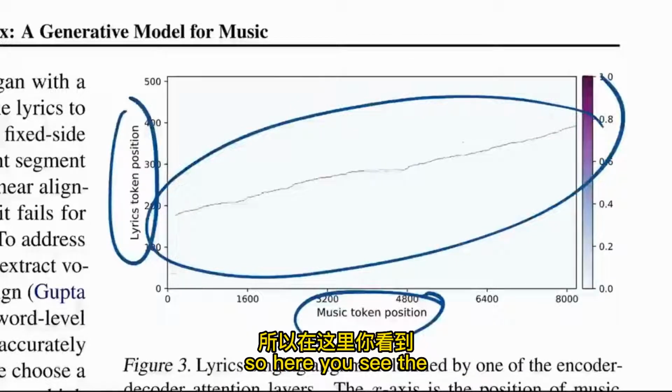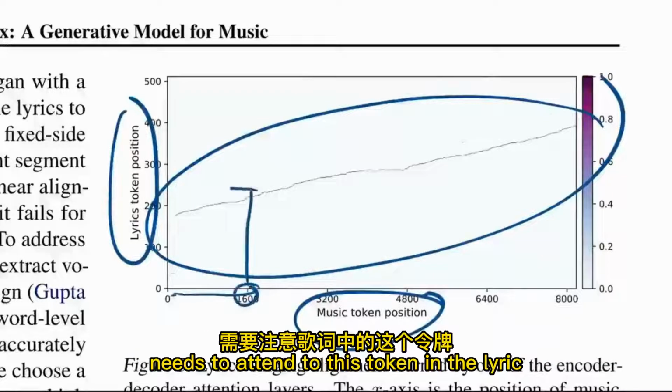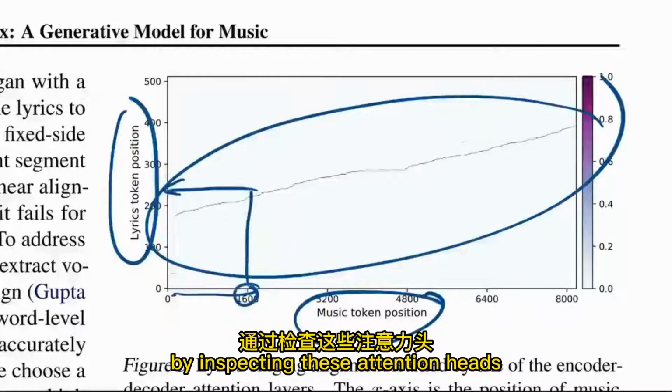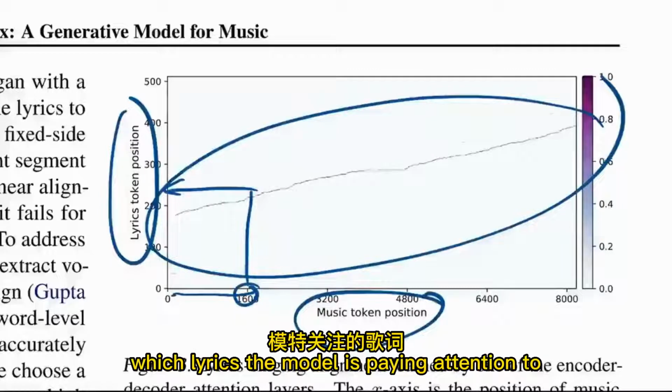So you see the system learns that, for example, this music token needs to attend to this token in the lyrics. By inspecting these attention heads on the lyrics text, you can see which lyrics the model is paying attention to.